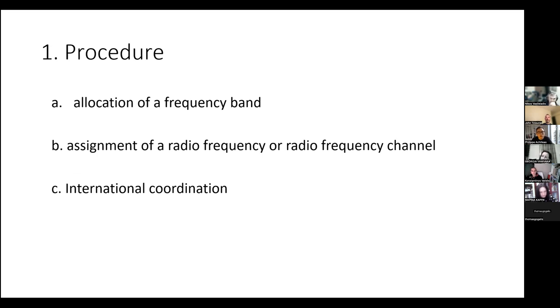So how to share the resource between all users? First of all, by the procedure of allocation of frequency bands. I will explain to you how it works and what it means.